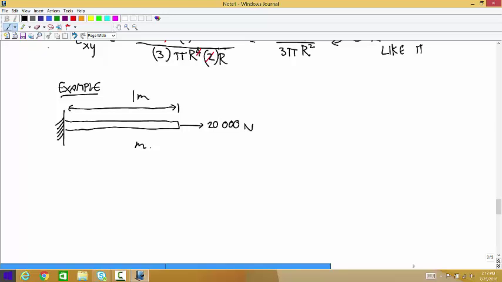The mass is 1,000 kilograms. The cross section has a radius of 0.2 meters.